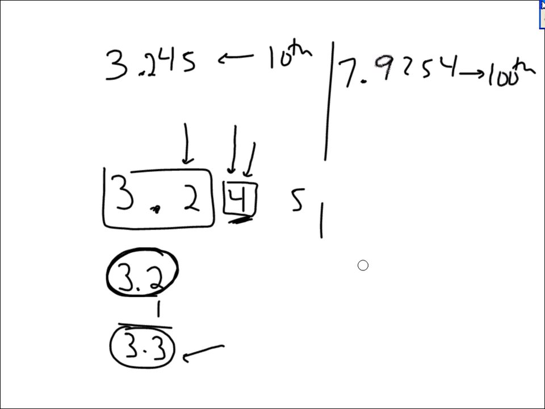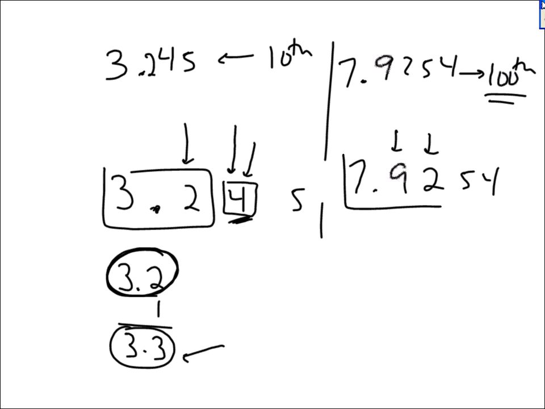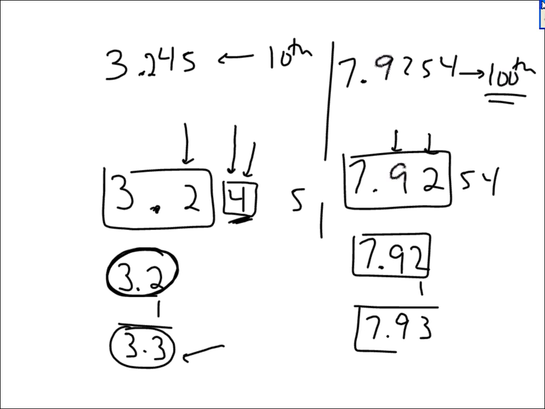We were asked to round off to the 100th position, 7.9254. That's the 10th, that's the 100th. Either that number, 7.92, is the answer, or you add 1 to the 100th position, and you get that. One of these two will be the answer.